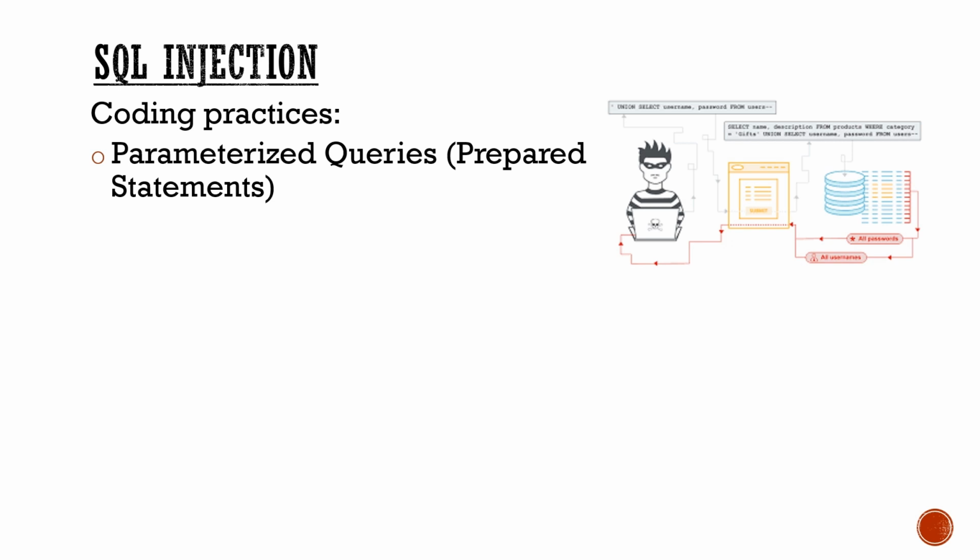This approach ensures that the user input is treated as data rather than executable code. Then we also have input validation and sanitization, as mentioned earlier. Validate and sanitize all user-supplied input to ensure it conforms to expected formats and contains no malicious code.